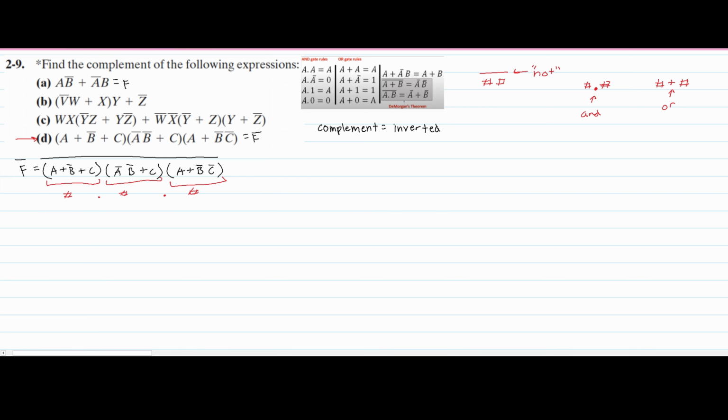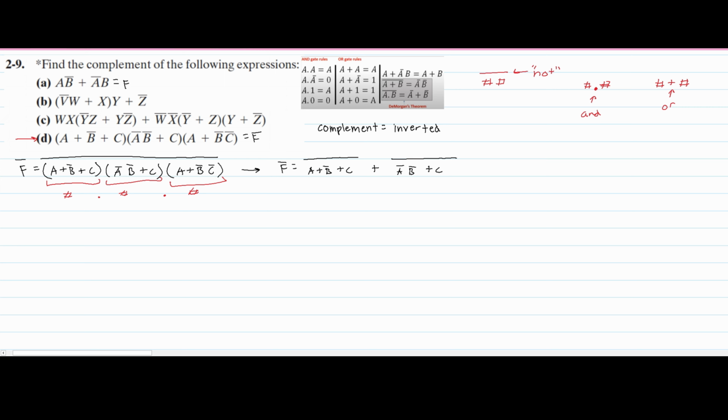So when we write this out, we are going to say that our f not is equal to, and then we're going to have the not over our first number, so a plus b not plus c. Remember, the pluses are ors. And then this is going to have a plus, and the plus, again, is an or. So we have an or, and then we have a not, and then we have the next part, which is a not, b not, plus c.